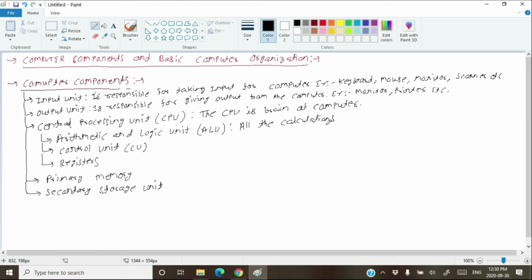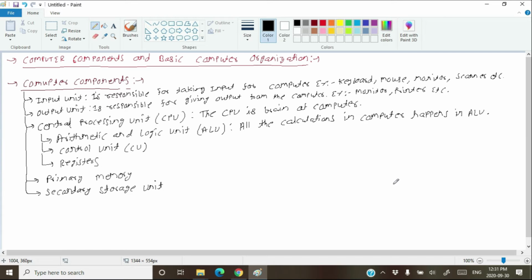In these calculations you get the result as true or false. The arithmetic calculation means you get a numeric result. The ALU is responsible for both kinds of calculations. All the calculations in the computer happen in the ALU.